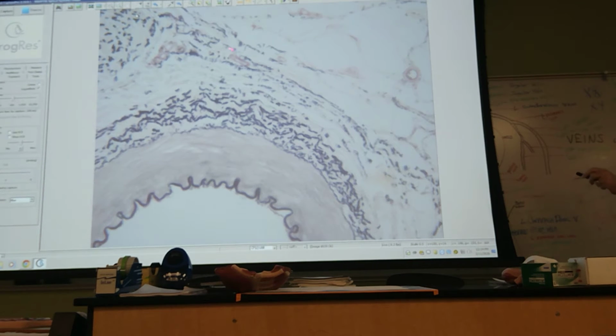So all this up here is the outermost tunica, tunica externa, or tunica adventitia is what it's called. It doesn't have specific sublayers, just one general layer. So it starts immediately right here and goes out.